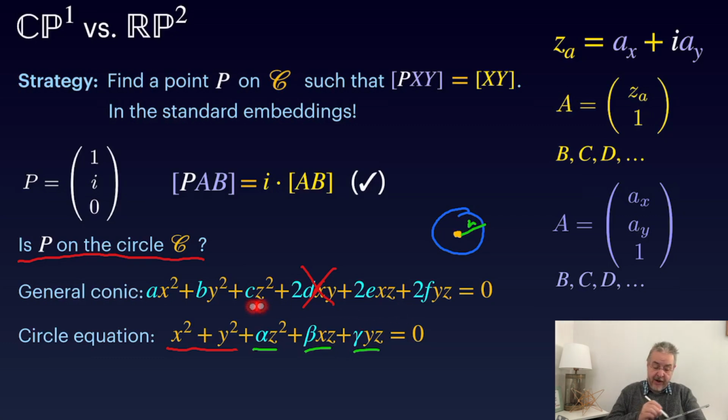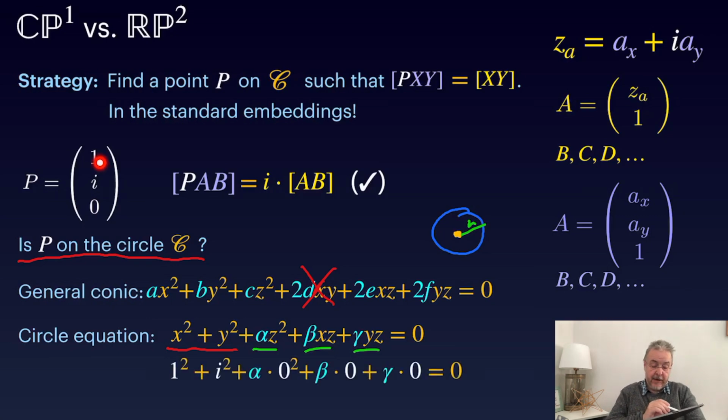So we have this generic circle equation, and now let's simply plug in our point P. What do we get? The x coordinate is 1, the y coordinate is I, and the z coordinate is 0. So everything that has a z simply cancels out because z is 0, and what we are left with is x squared plus y squared. If you look at x squared plus y squared, you have 1 squared plus I squared, which gives a nice 0.